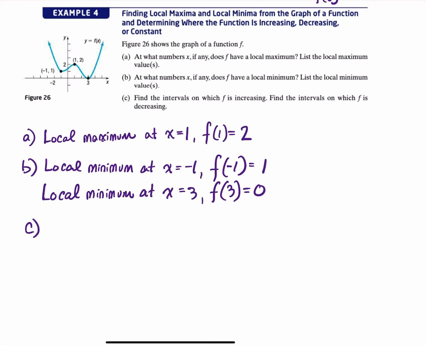So if I have my pencil on the graph and I'm going from left to right, it is decreasing. It's getting smaller up until that minimum, and then it starts to increase again to that maximum. Then we get decreasing again to that minimum, and then increasing infinitely after that. So notice it changes behavior around these minima and maxima points.